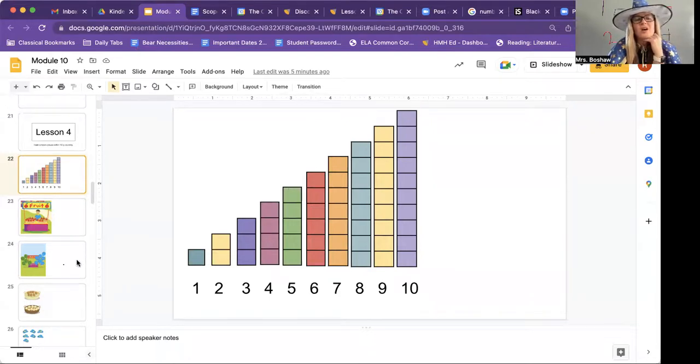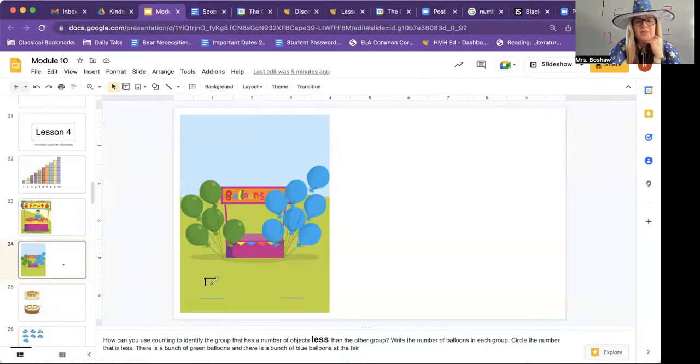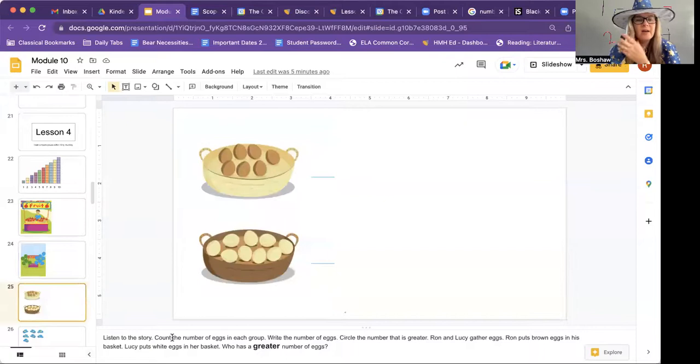So our balloons, we have 5 green balloons and 7 blue balloons. Which group is less? The green. There's less green. You're right. You can pause this while you do that if you need to. All right, here we go.